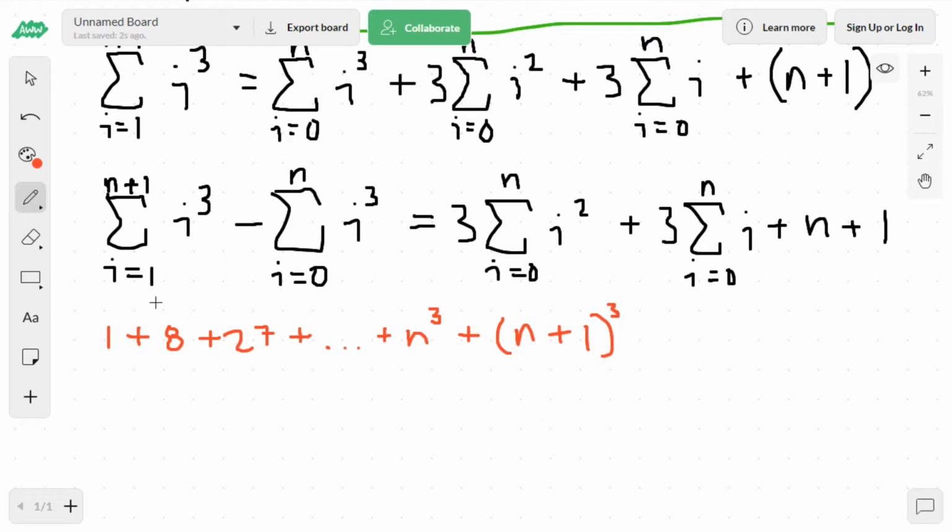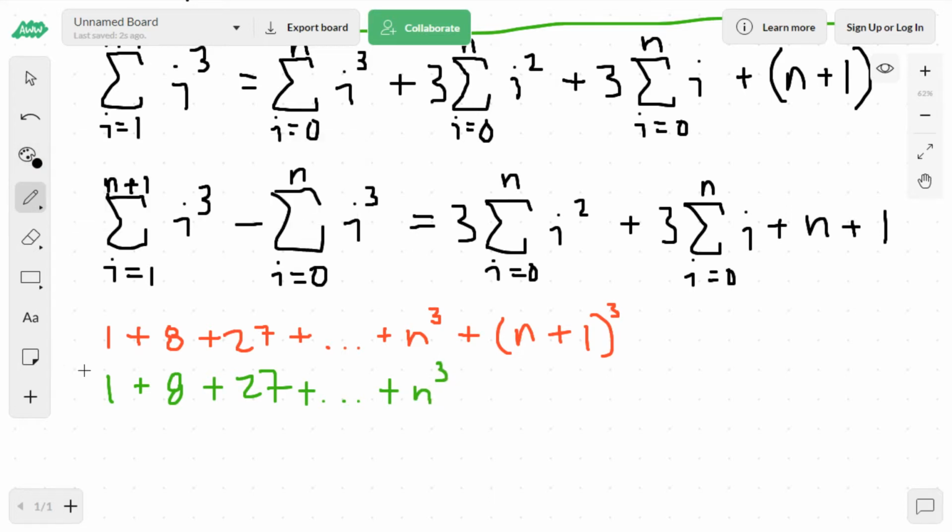Then from there, we're subtracting this one, which goes from 0 to n, so it would be 1 plus 8 plus 27 all the way up to n cubed, and that's it.